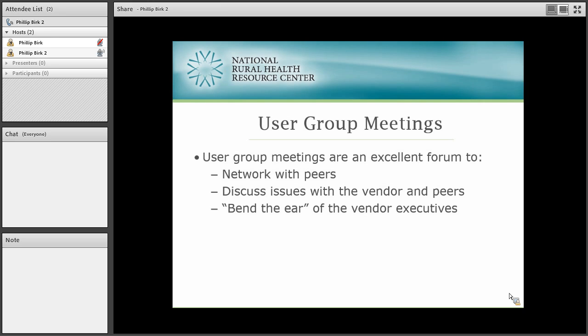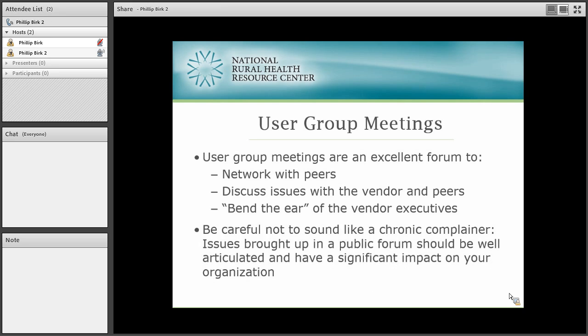Adoption and size are probably more important. But having calls with your peer partners and with the vendor, especially if you're in a pretty serious problem situation, can have a lot of benefit.